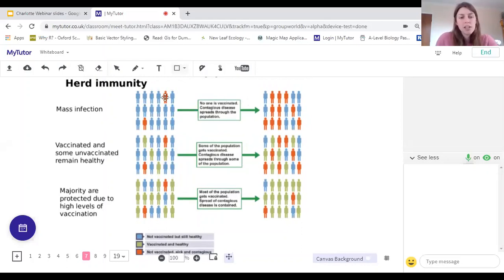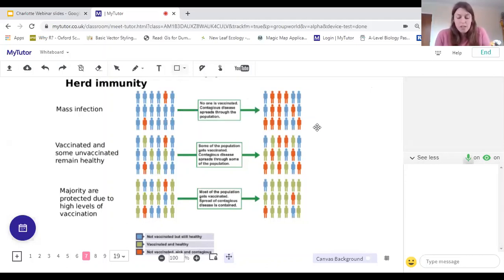So with hardly anyone vaccinated, we've got lots of people there that are not vaccinated but healthy, and we've got a couple of people that are not vaccinated and have got the disease. The contagious disease spreads through the population. That's what we've got at the moment with COVID-19. We don't have a vaccination for this disease, so we're all susceptible and we could have mass infection through the population.